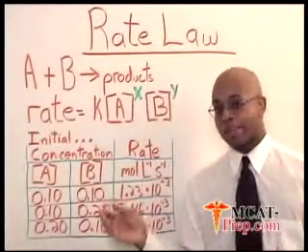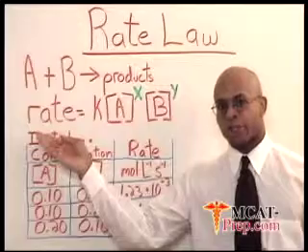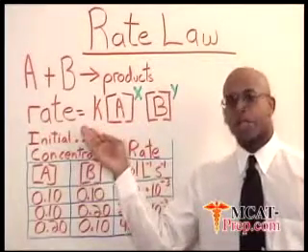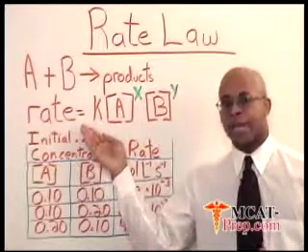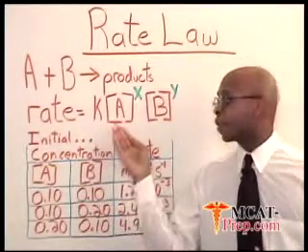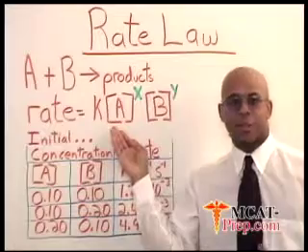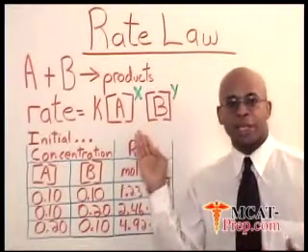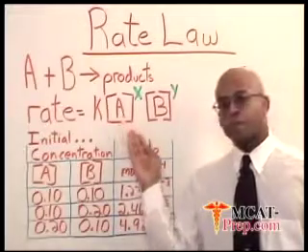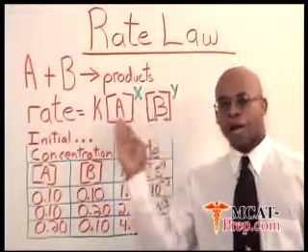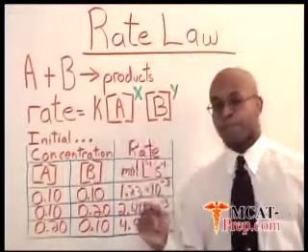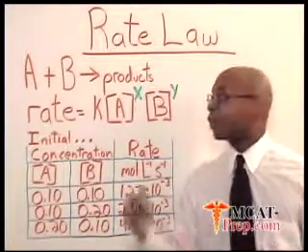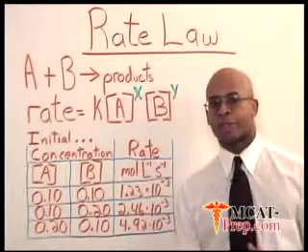The rate law is that the rate of the reaction in moles per liter per second is equal to the rate constant K times the concentration of the reactant A times the concentration of the reactant B. Now each reactant is raised to a power. The exponents are not necessarily equal to the stoichiometric coefficients.